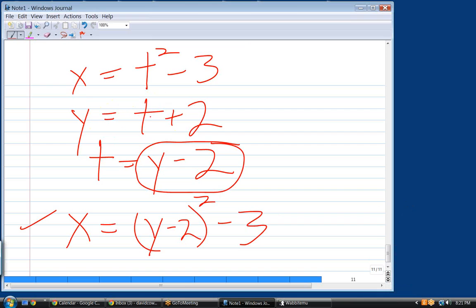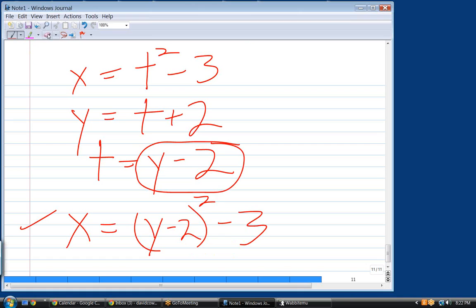There can be some domain considerations here. If you have a certain type of function where the domain is restricted in the x, and by the time you've eliminated the parameter there are no more domain restrictions, well, the domain restrictions follow. In other words, if there are domain restrictions, you have to include them in your final answer without the parameter.